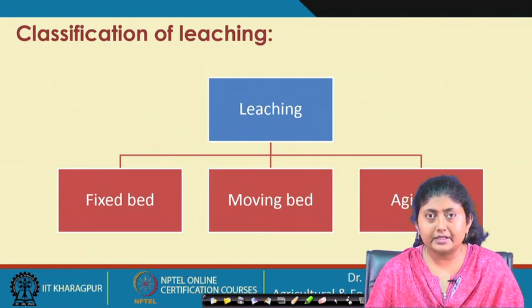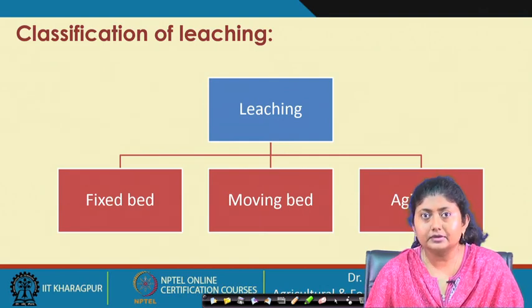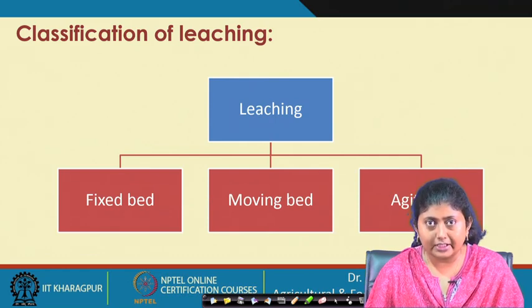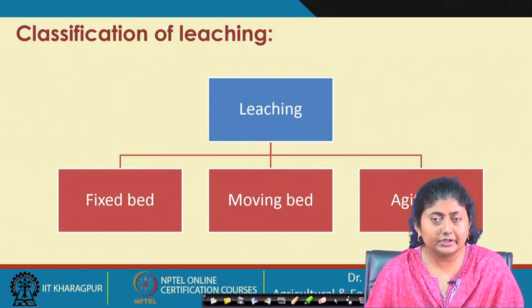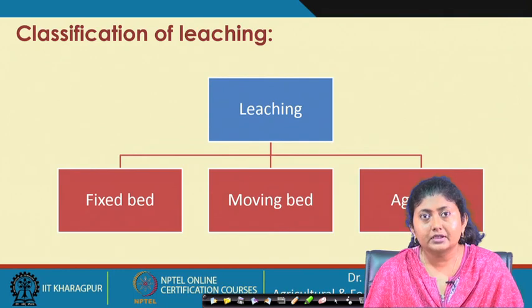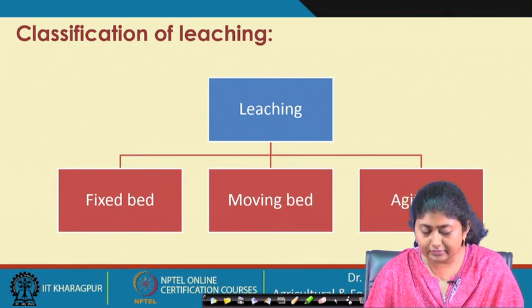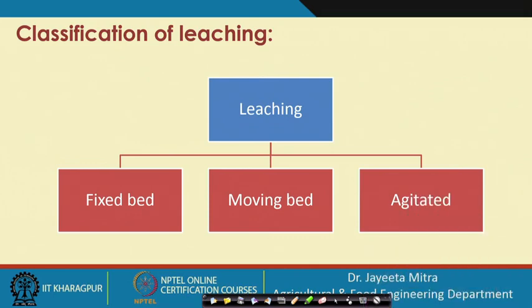The moving bed is when the material from which the component has to be leached is moving in many sections through which the solvent flow is occurring. And during this process, the leaching or extraction of a particular solute component takes place. And the third one is agitated, in which we provide some kind of mechanical agitation for better separation.